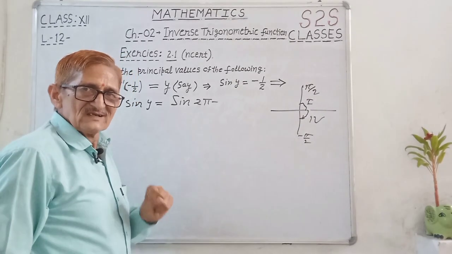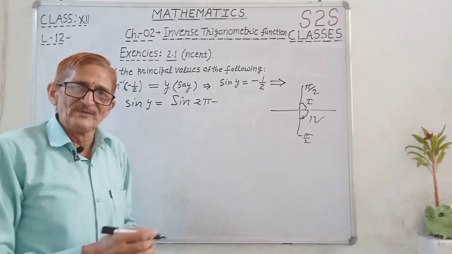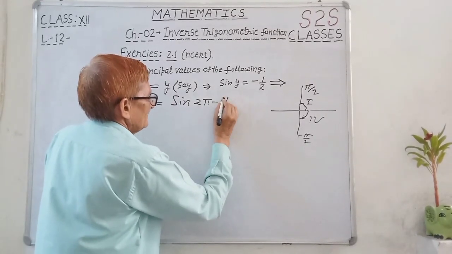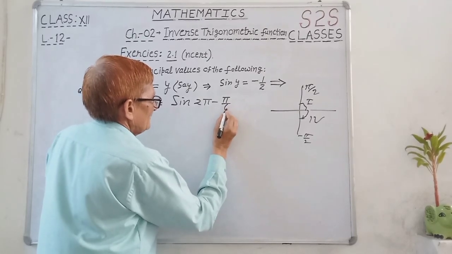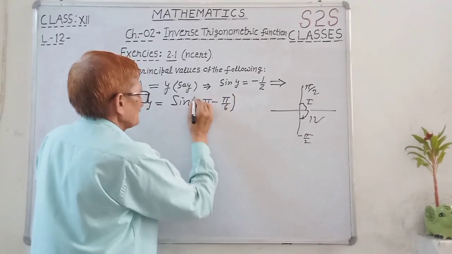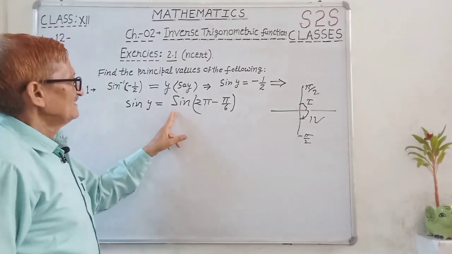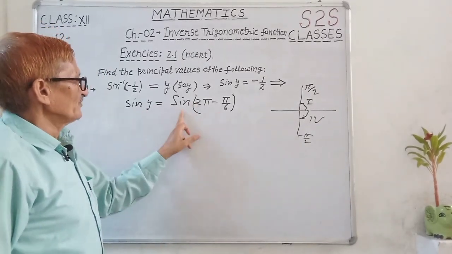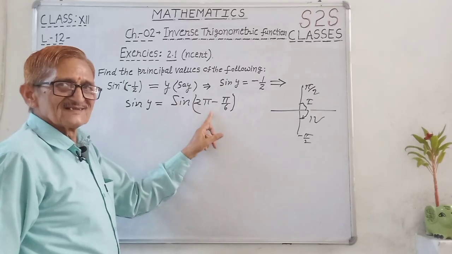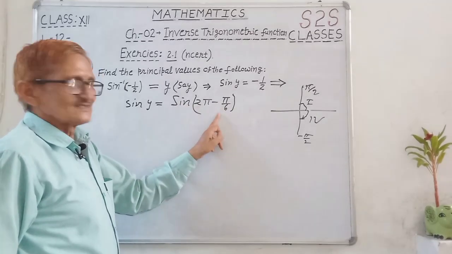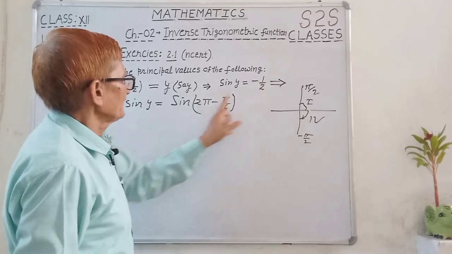Sine 30 degree means sine pi by 6. Then sine 2 pi minus theta is minus sine theta, and minus sine theta means minus sine pi by 6, and minus sine pi by 6 is minus half. So minus half, written this.